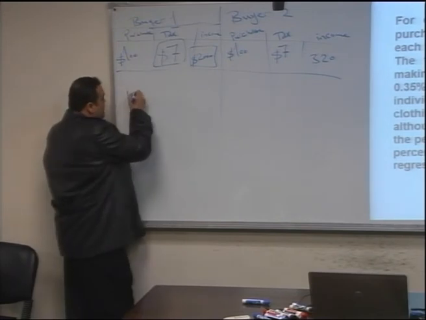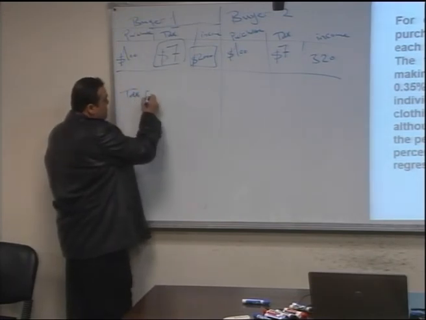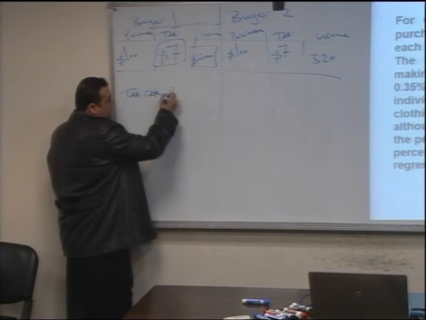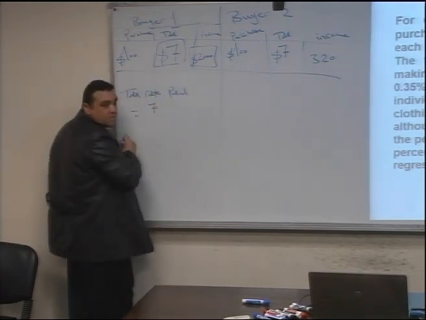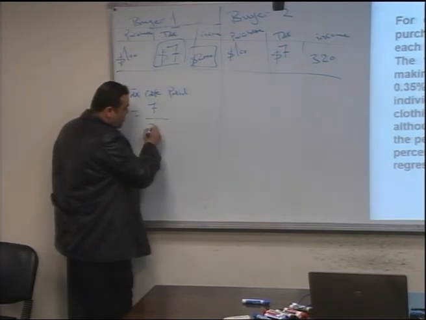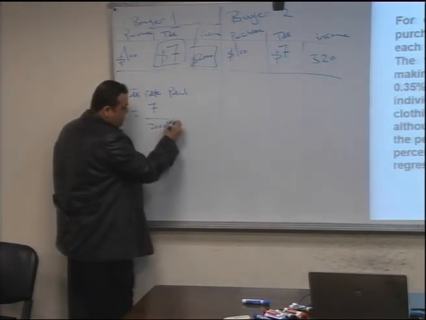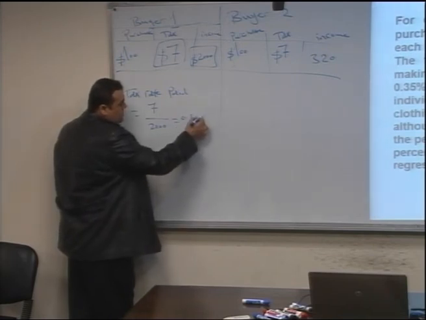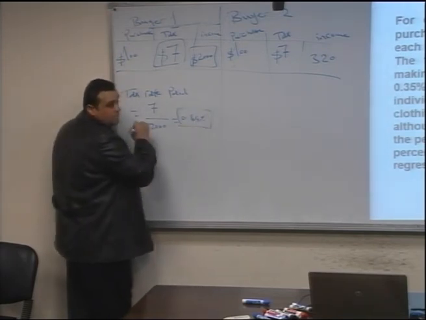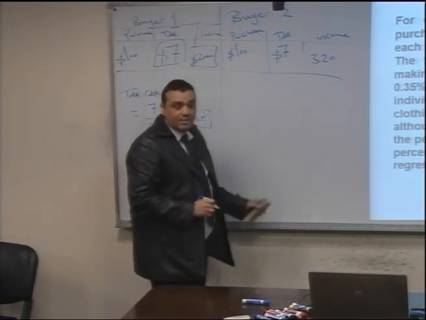So the tax rate paid here for the first payer equals $7 over $2,000 equals how much? 0.35%. He paid this much of his income. Now the second, let's see how much he paid.